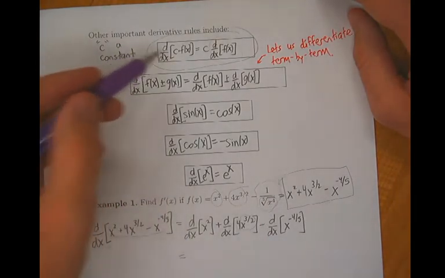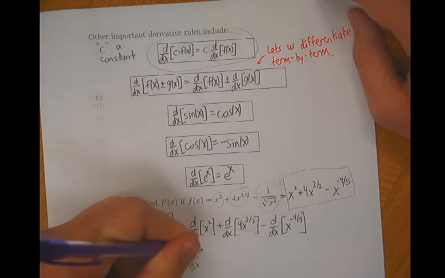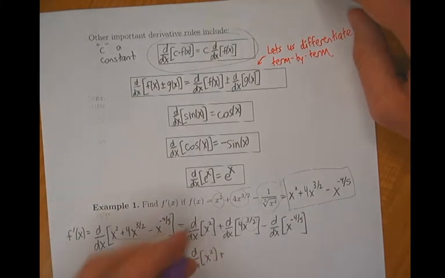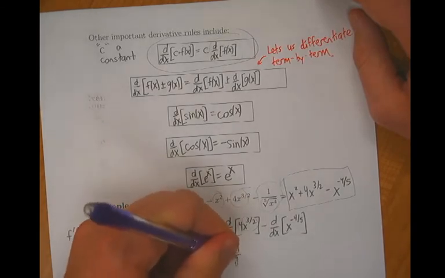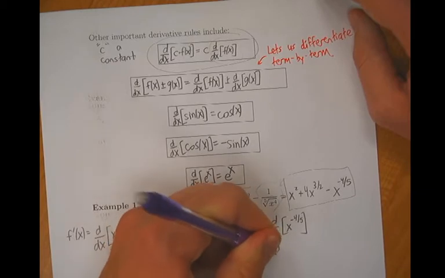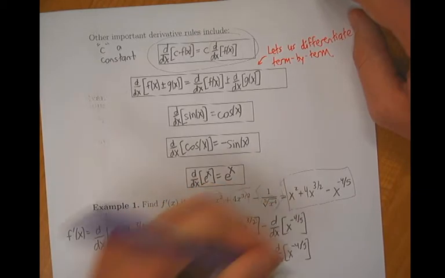So the first term's the same, but then we can throw the 4 outside to get 4 times d over dx of x to the 3 halves minus d over dx of x to the negative 4 over 5. Okay?